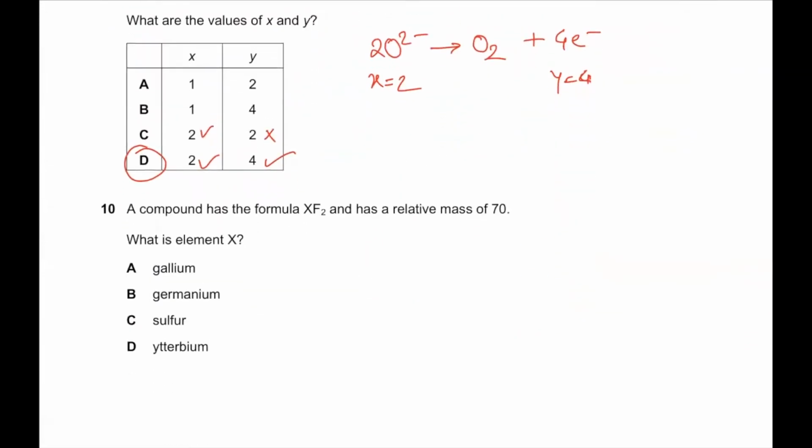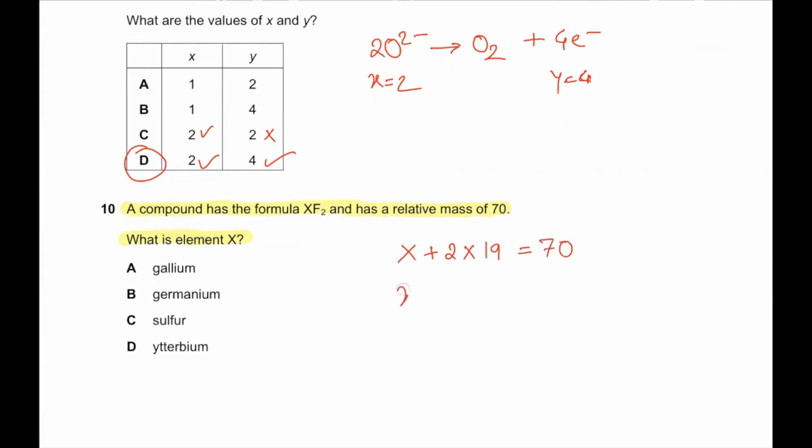Question number 10. A compound has the formula XF2 and has a relative mass of 70. What is element X? Okay, good question. We don't know what X is. However, we know there are 2 fluorine, and each fluorine is 19. So 2 times 19 is 38.